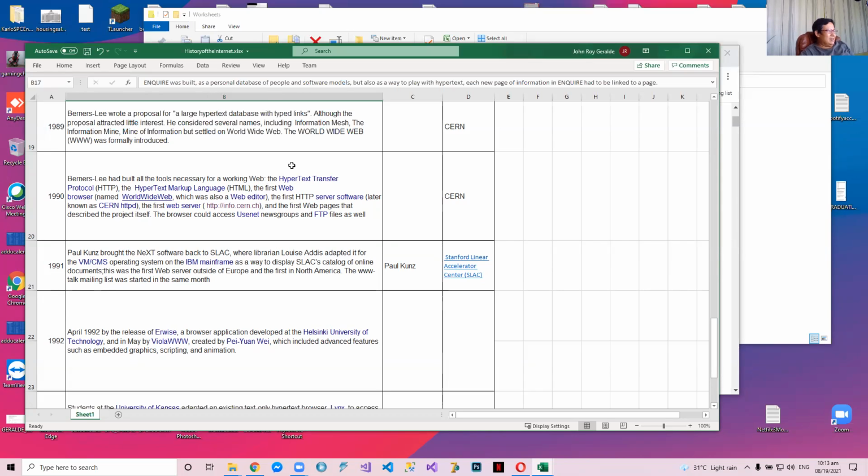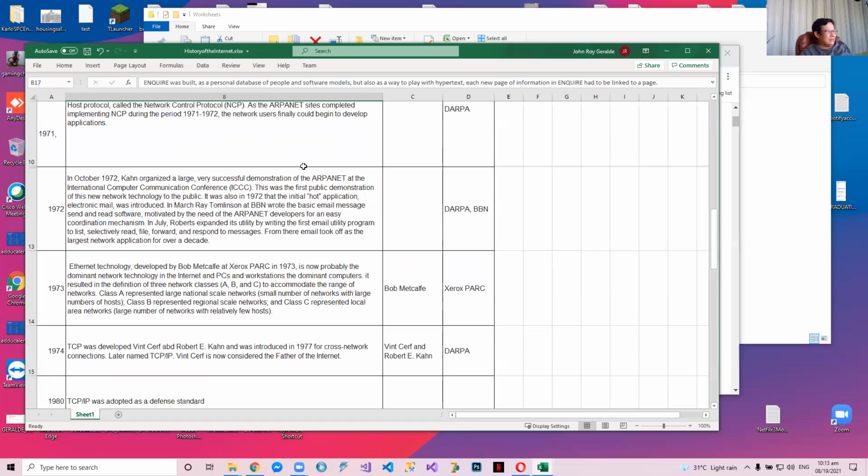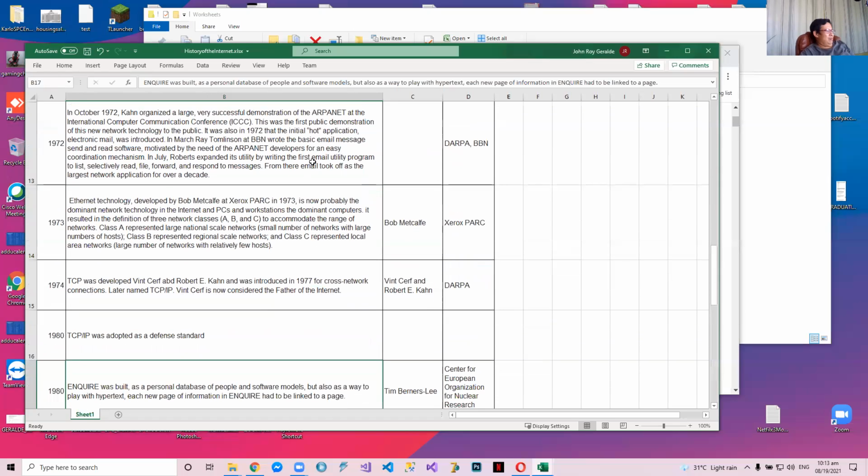Do you follow? Who's the father of the internet? Vint Cerf. The father of the World Wide Web is Tim Berners-Lee. So that's two: the hardware and the protocol are from the US, and the documentation on the hypertext links is from Europe.